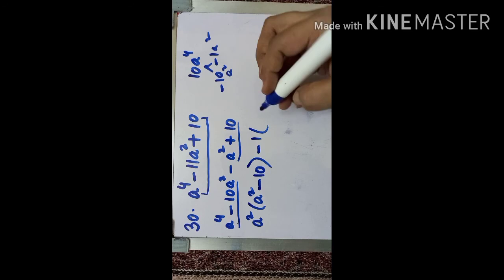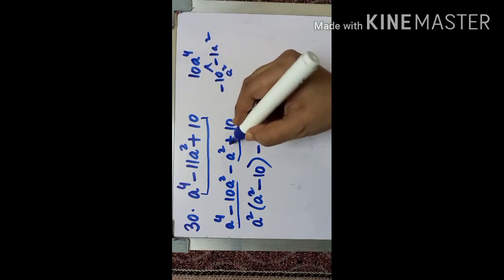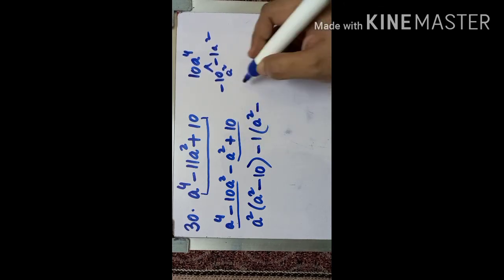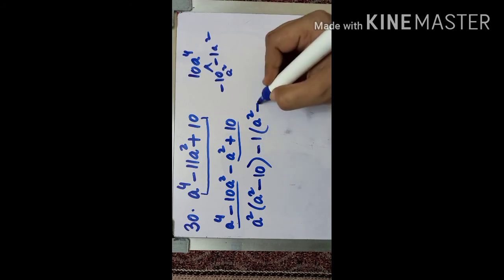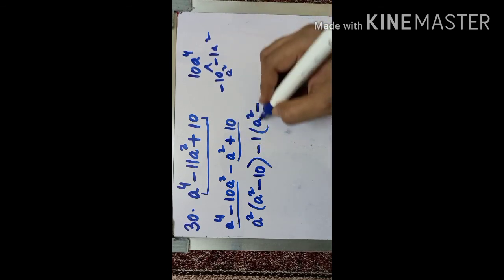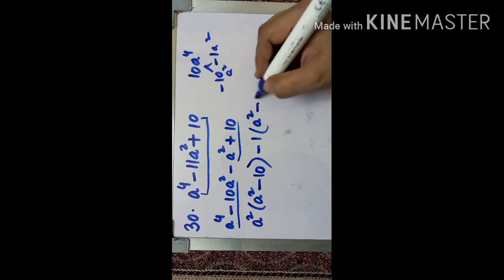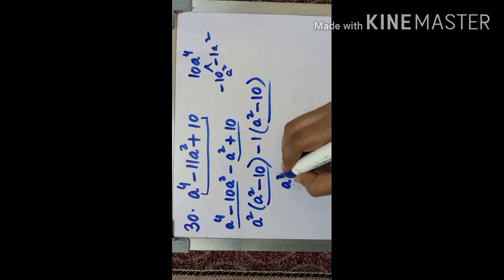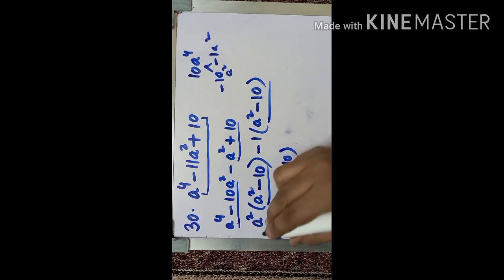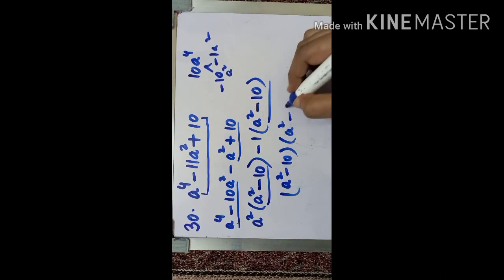Let us just take 1 and a square. This plus will become minus under the brackets. Already minus outside we are taking. If you open the bracket, minus into minus will give you plus. So for that you have to take a square minus 10. So this is a square minus 10 and a square minus 1.